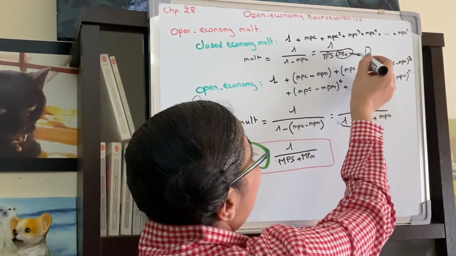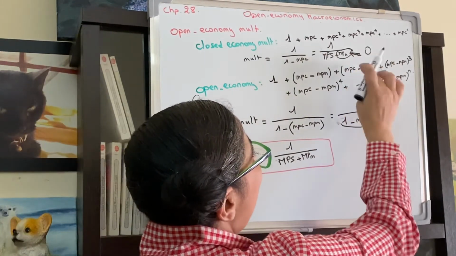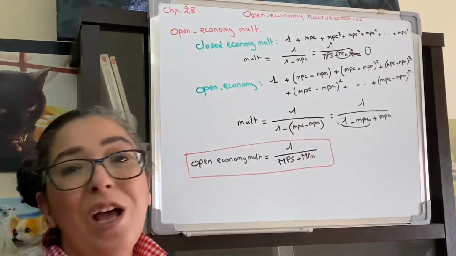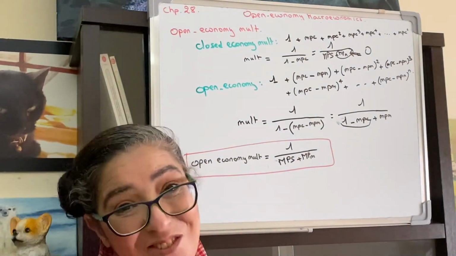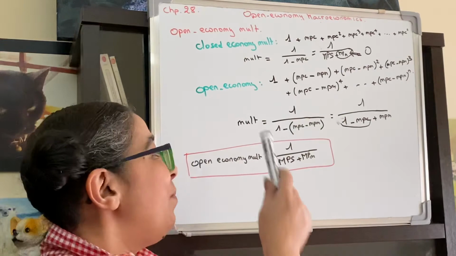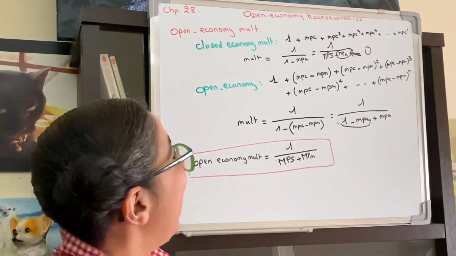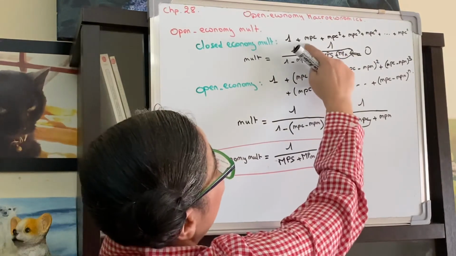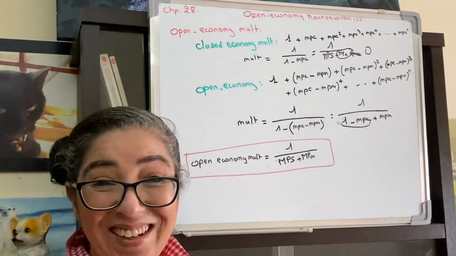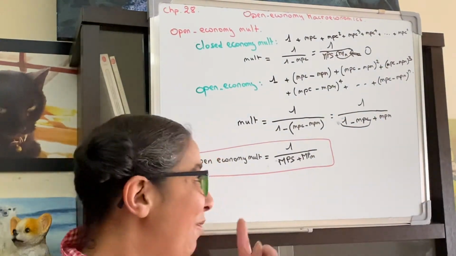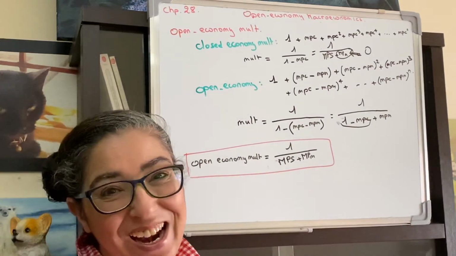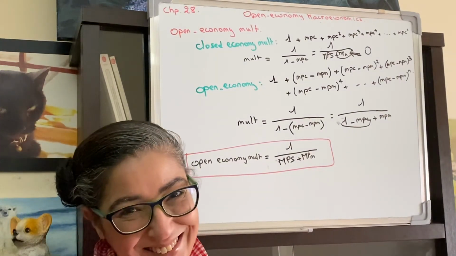Okay? You didn't import, you didn't export, so you had your MPM 0. So it has always been the same multiplier, but we didn't have any MPM, so it gave us this. Okay, guys? So you've already used this multiplier without knowing it.